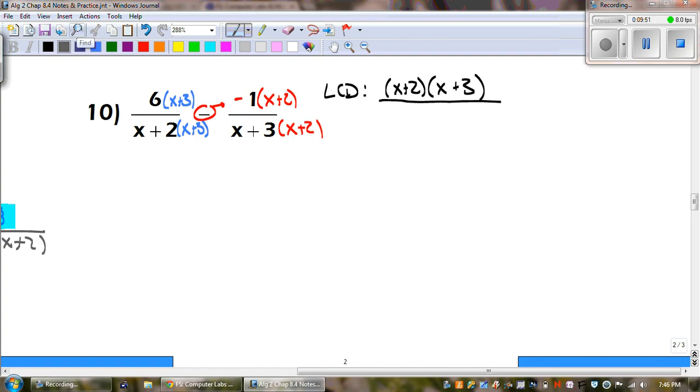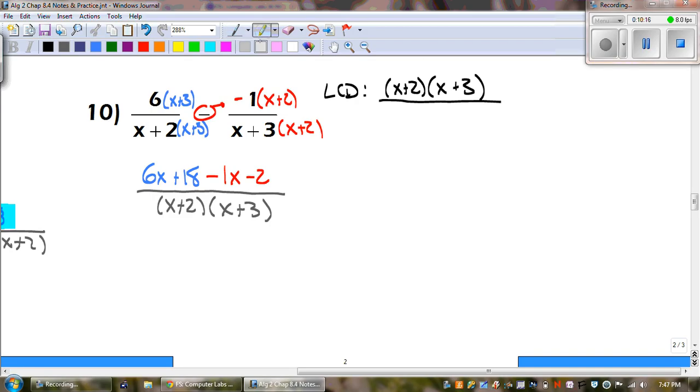So what we get is 6x plus 18, and then we have minus 1x minus 2, all divided by x plus 2, x plus 3. Okay? So let's combine our like terms.